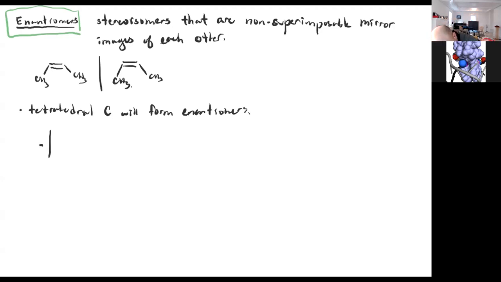So if I have this molecule, okay, and so I've drawn that flat intentionally, but we know that carbon is not flat. We know that carbon is tetrahedral, sp3 hybridized. And so if I really want to talk about this molecule more accurately, I need to use the line wedge notation.